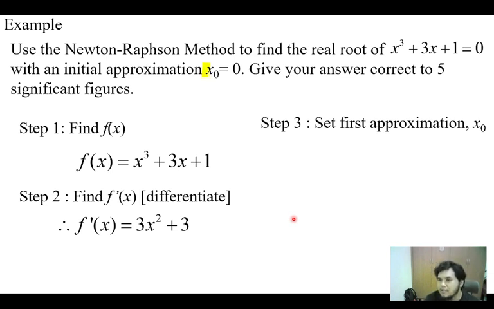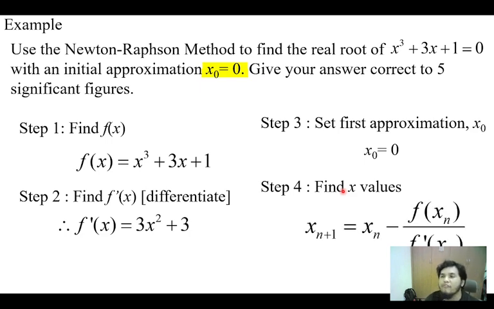In this example, we are already given the value of initial approximation, which is 0. So we use x naught is 0. Step number 4, we need to find the x value using the formula of Newton-Raphson.